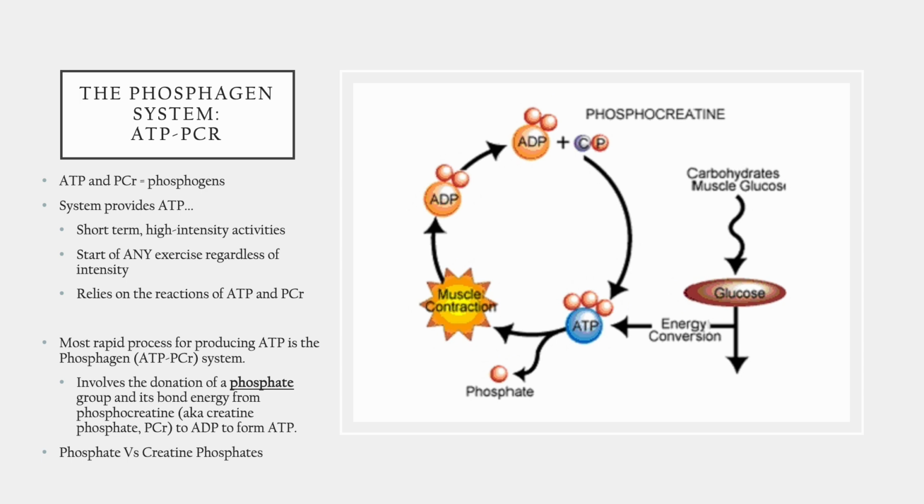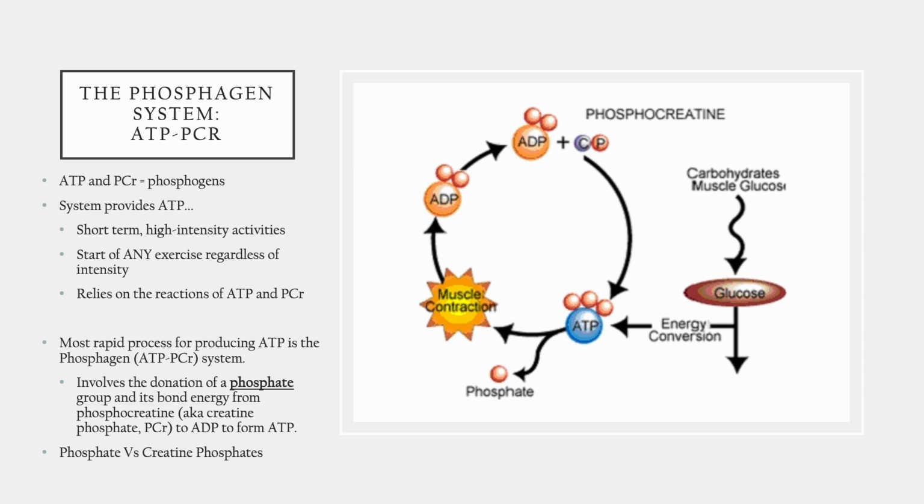So think of the ATP-ADP cycle. We have 3 phosphates, which is in blue. We have muscle contraction. We lose a phosphate. We're left with 2. And it continues over and over and over in this process.